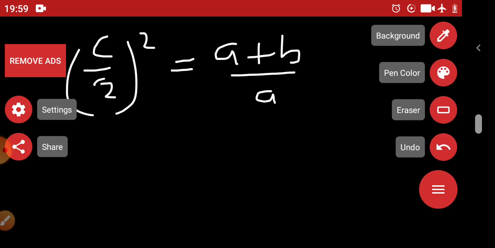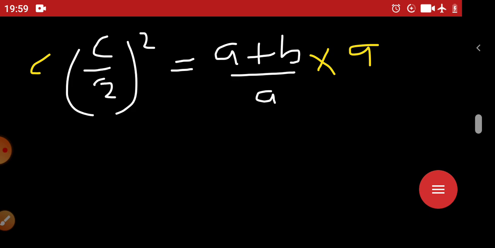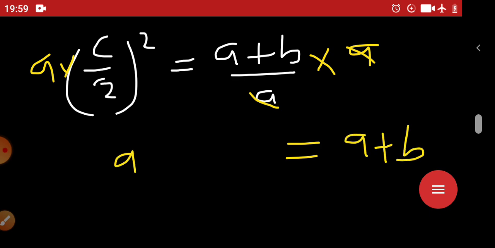We need to remove a from the denominator, so we multiply by a both sides. Here this a cancels, and we are left with a plus b is equal to a times (c divided by 2) all squared.